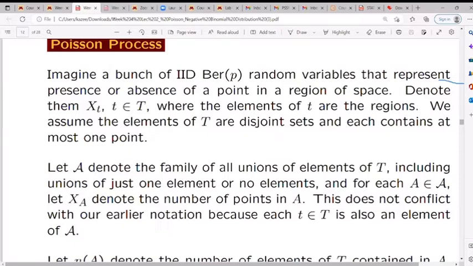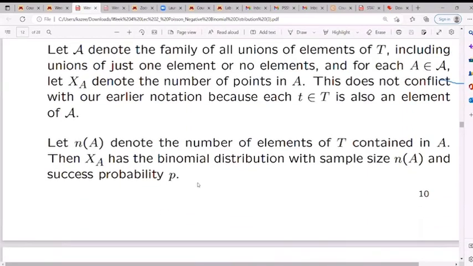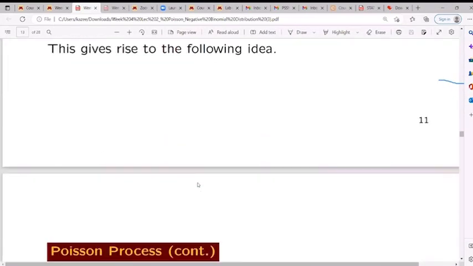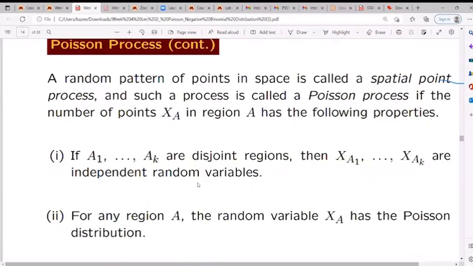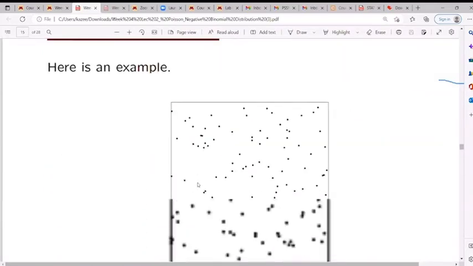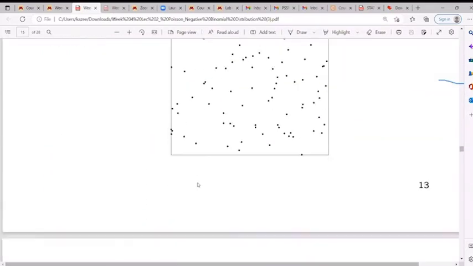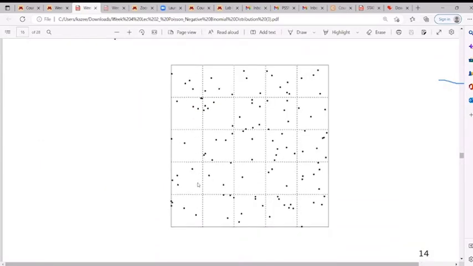You know what I mean by disjoint sets? It means they are independent. It means there's no connection at all. There's a particular thing that I want to show you here. This is what I mean. If you partition this now, look at that, you have regions that are disjoint.